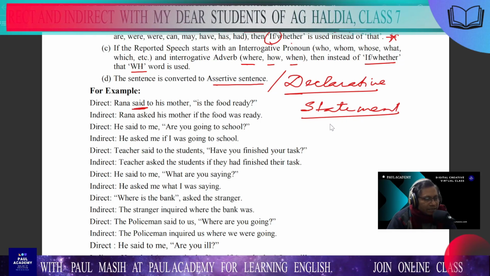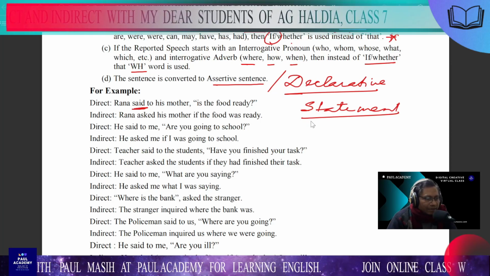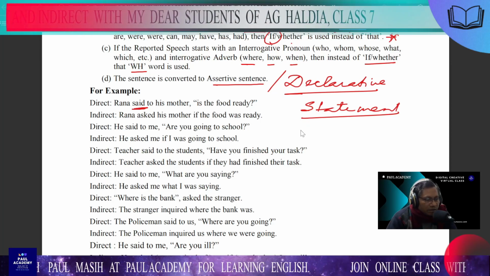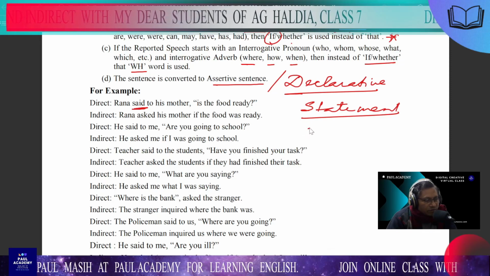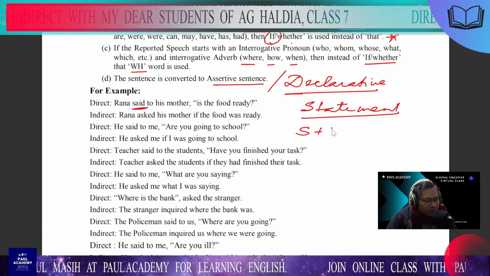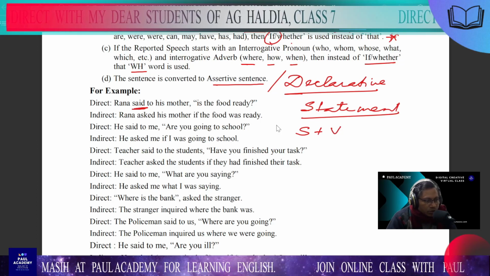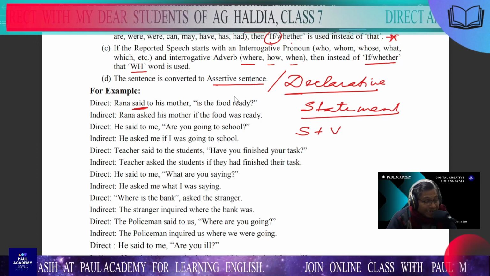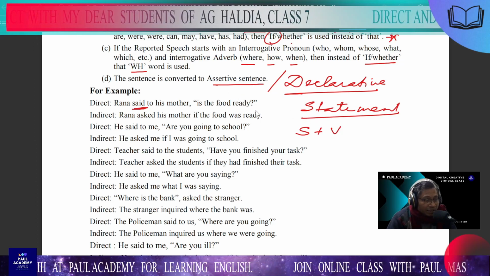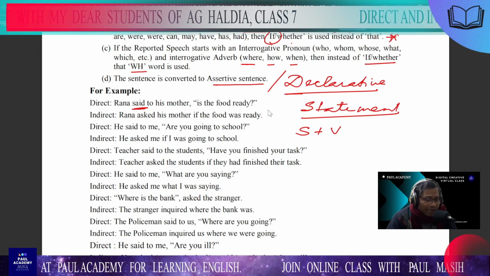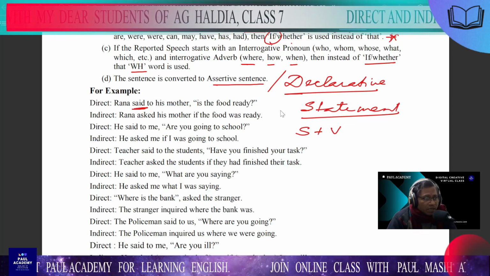That means it ends in a full stop. And the order of the sentence, in case of an assertive sentence, is that we first put the subject, then the verb. So when you are writing indirect, even if it is a question, an indirect question always ends in a full stop and the verb comes after the subject.